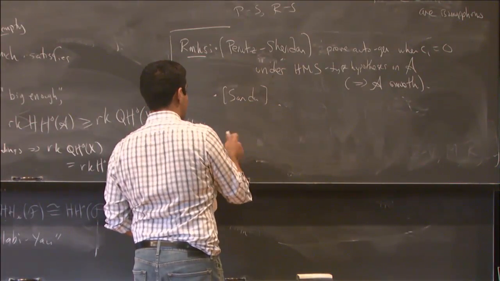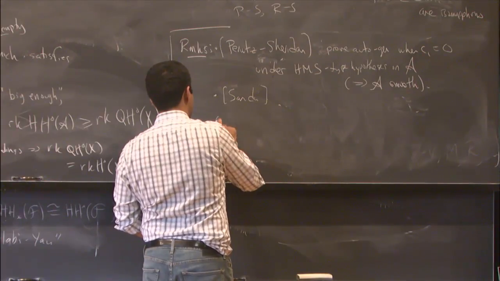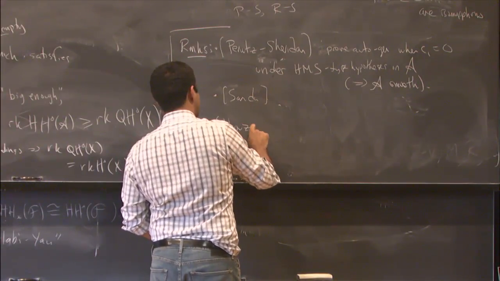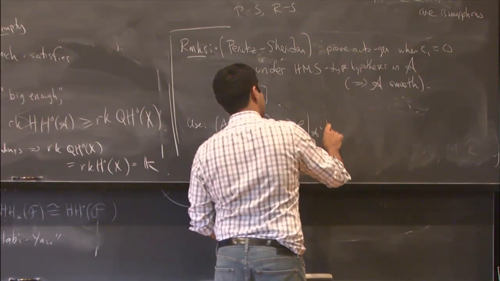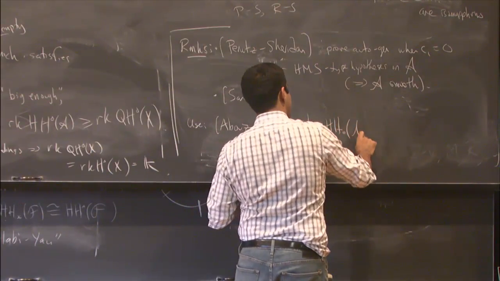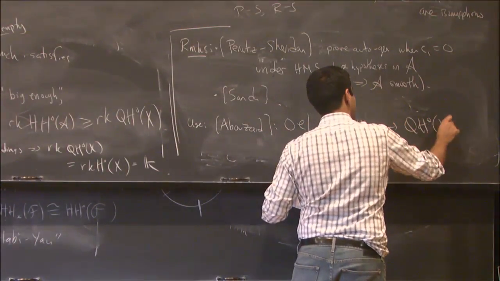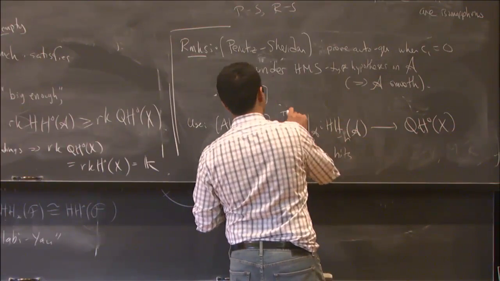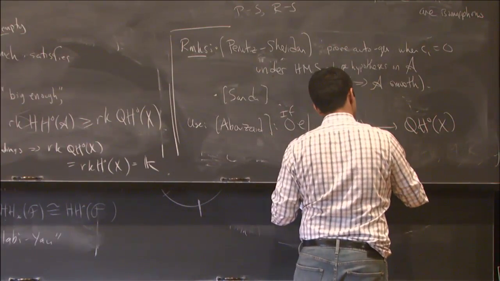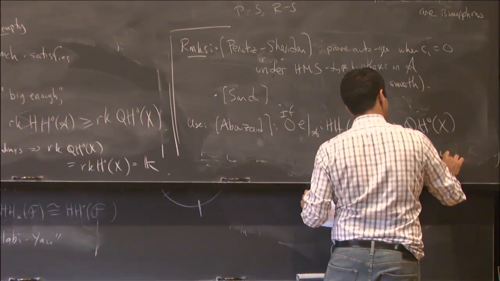Maybe I should say the key idea in the proof is, it's very short, actually. You use Abouzaid's generation criterion. So if OC restricted to some subcategory hits 1, then the subcategory split generates.